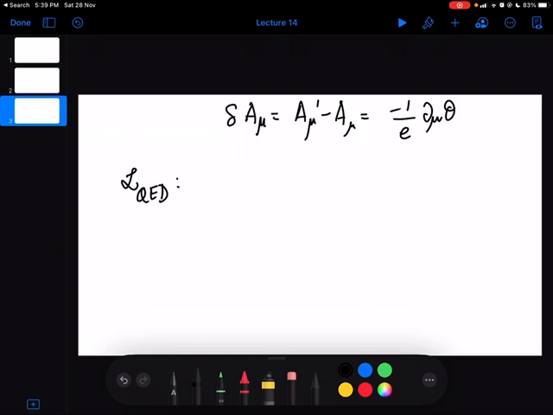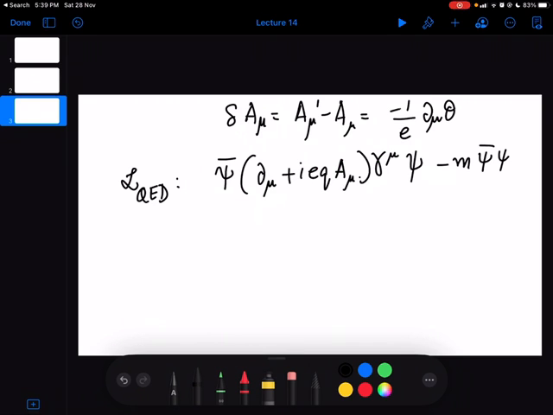Except that now if you expand L QED, you have psi bar, i del mu plus i e q A mu, gamma mu psi, minus m psi bar psi, minus 1 by 4 F mu nu F mu nu. So let's take the first term, meaning only the kinetic part.